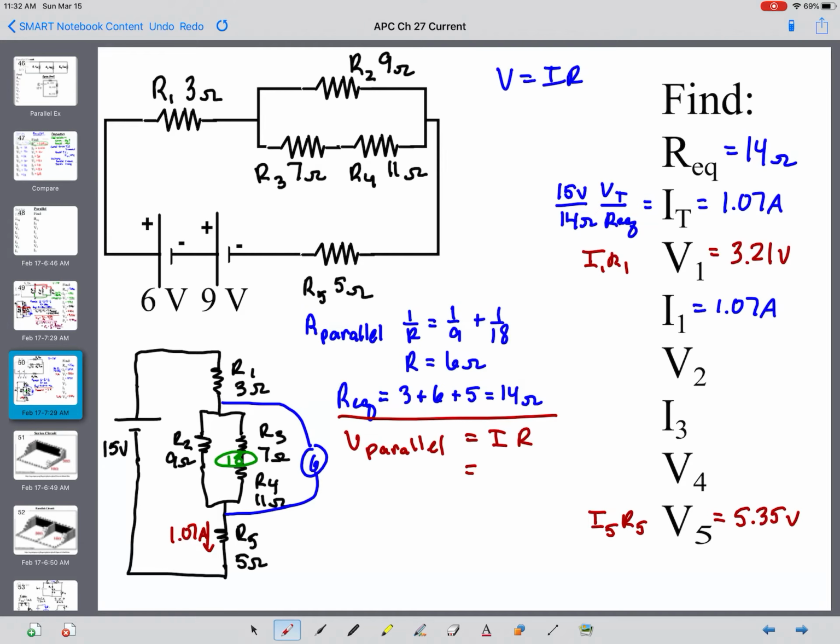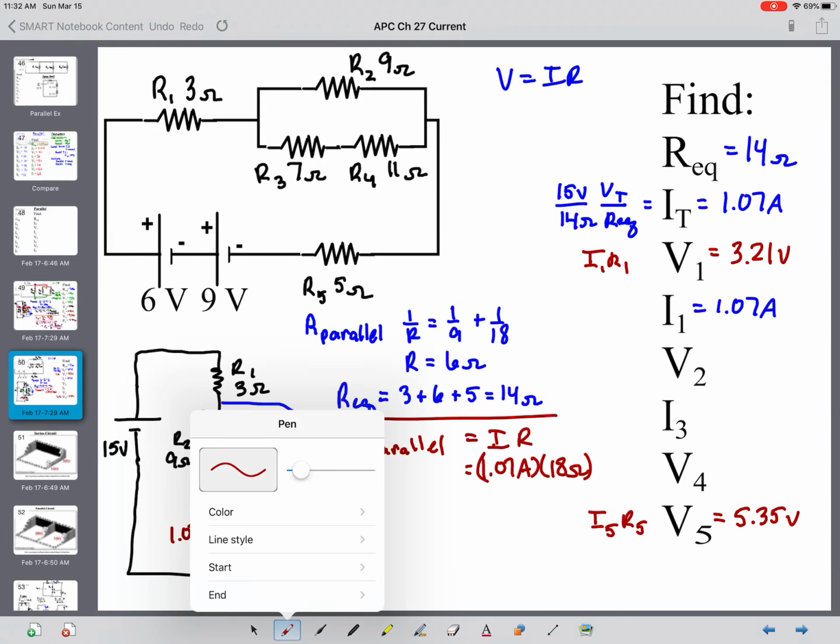And if there was only one resistor there, all the current would flow through it. So 1.07 amps multiplied by that 18 ohms will give me the volts across the parallel.